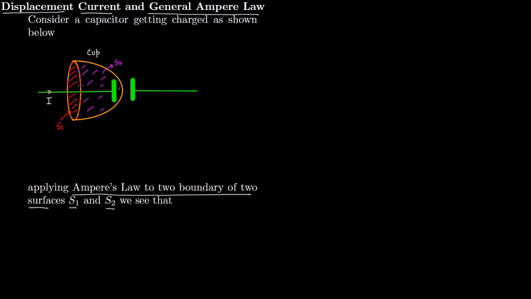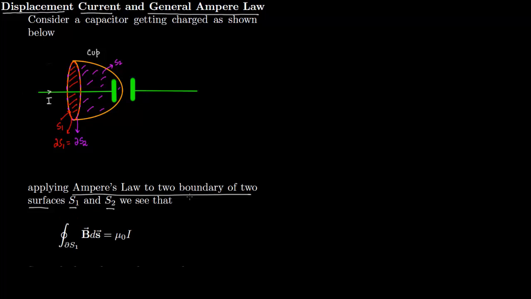So the boundary of S1 and the boundary of S2 is the same. This is the boundary of S2, we write ∂S2, and this is also the boundary of S1.